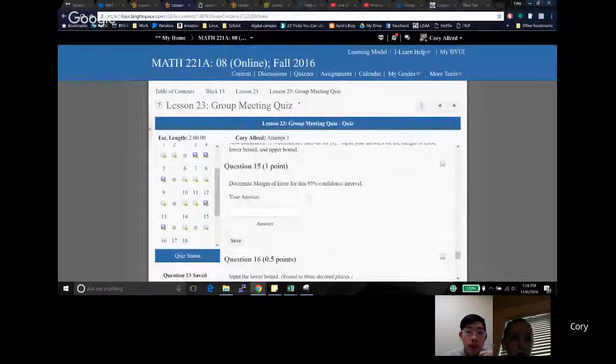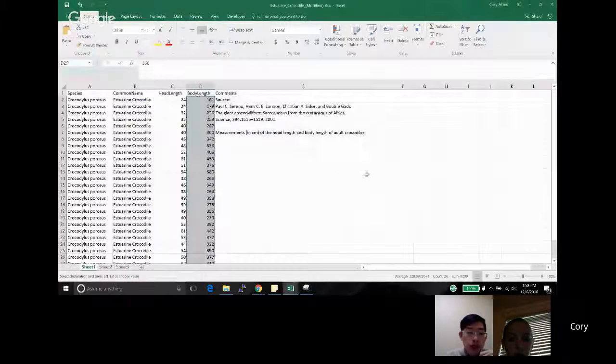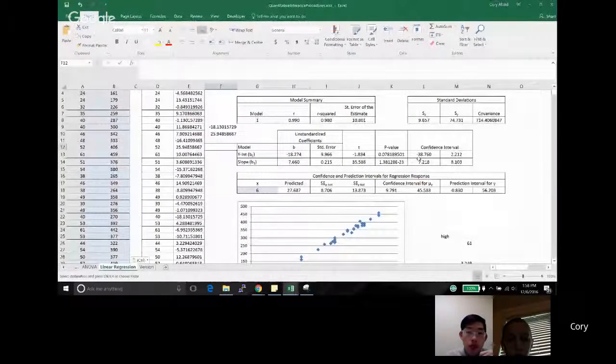Okay, that's what I got too. Okay, so turn the margin of error for this 95% confidence interval. What is the margin of error on this?